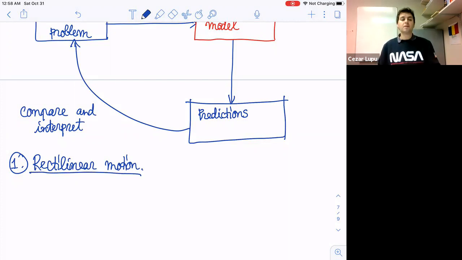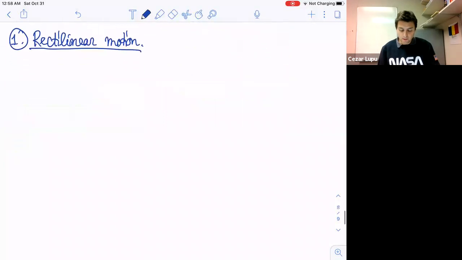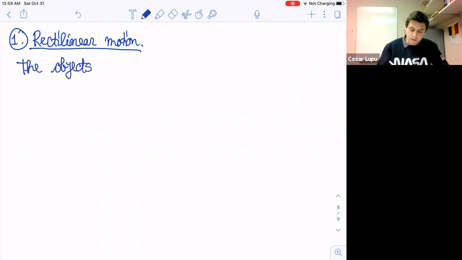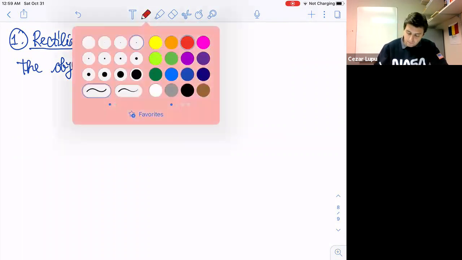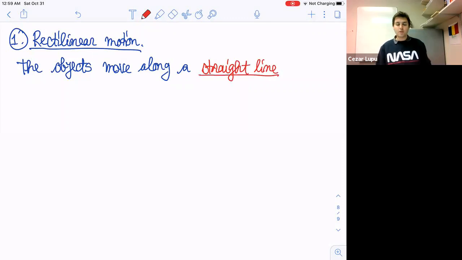So what happens in the case of a rectilinear motion? Well, as you could guess, the objects move along a straight line.